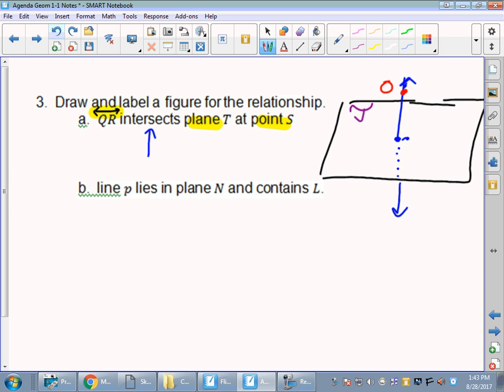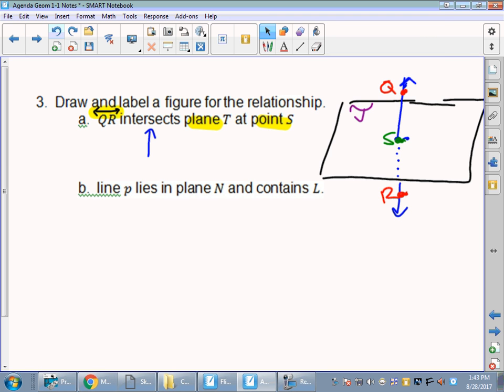There's the point with a Q. There we go. I'm going to say point R is down here. And where does point S go? It's where it intersects the plane, right? So this right here has got to be point S. I hope your drawing is neater than mine.